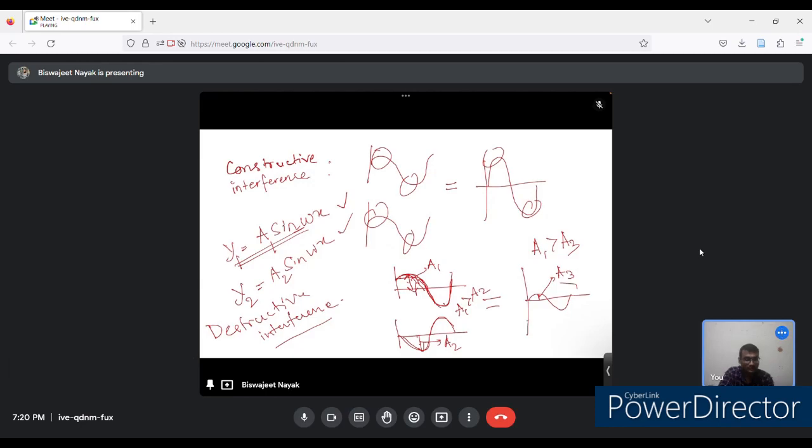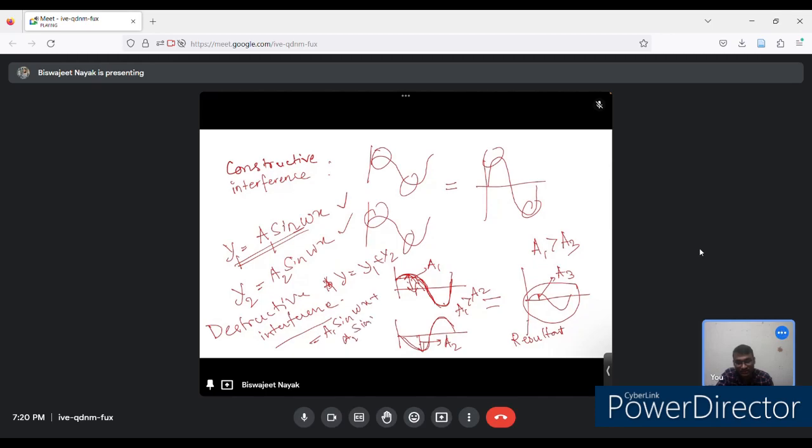Is there any number for the amplitude change between the two waves? Yes, you can do that. It's a vectorial addition. You might have learned in mathematics how you do vector addition. You will not simply add up like 1 plus 2 is 3, not like that. The waves will be given where y1 plus y2, a1 sine omega x plus a2 sine omega x.